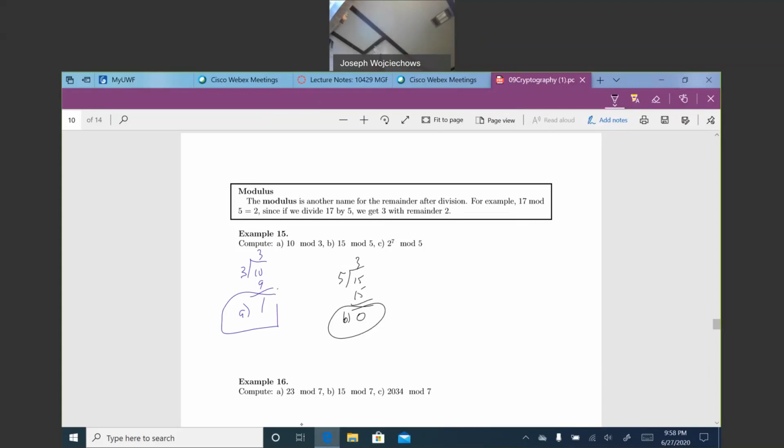That's mod 5. Well, let's do later here. 2 to the 7th is 128. And 5 goes into 12 twice. 10, that leaves 2. Bring down the 8. 5 goes into 28. 5, 25. Our remainder is 3, and that would be the answer to C.